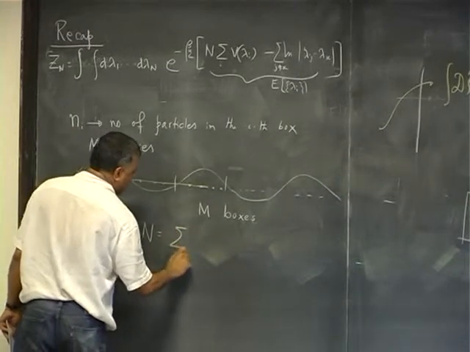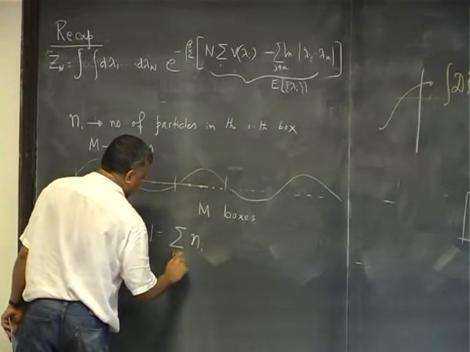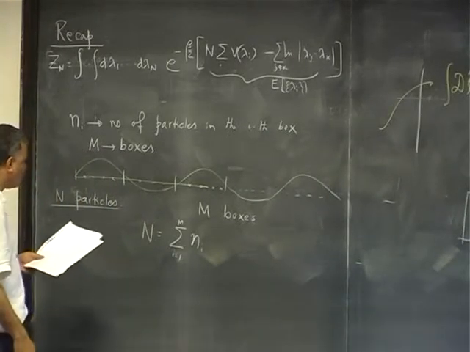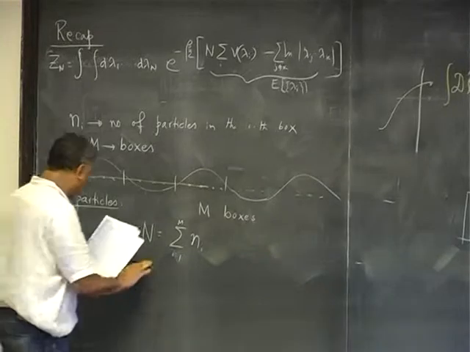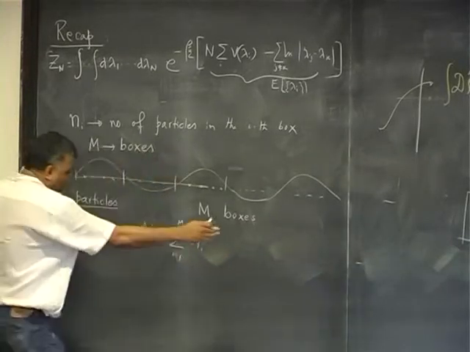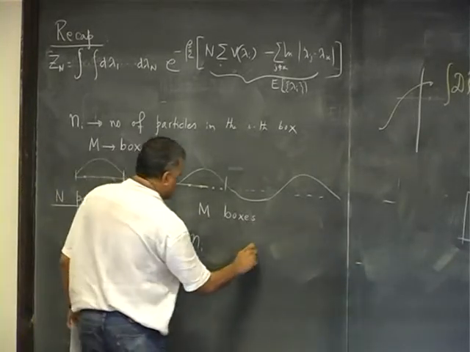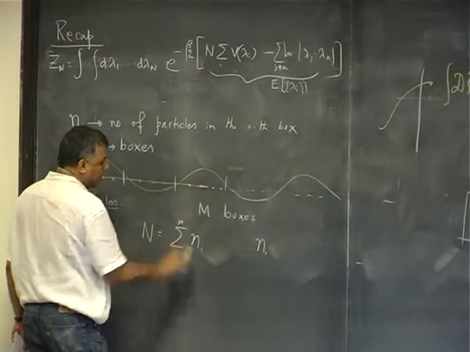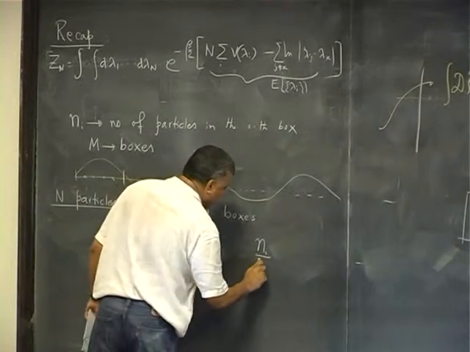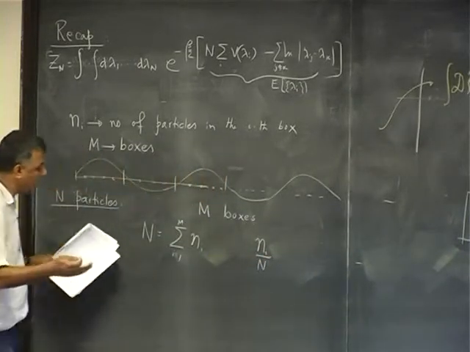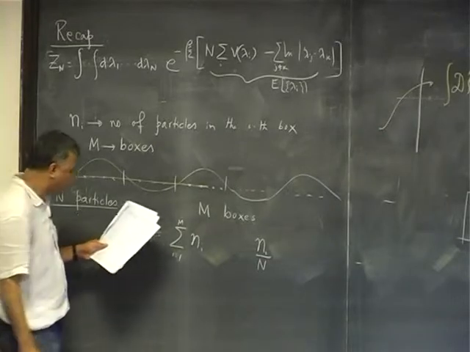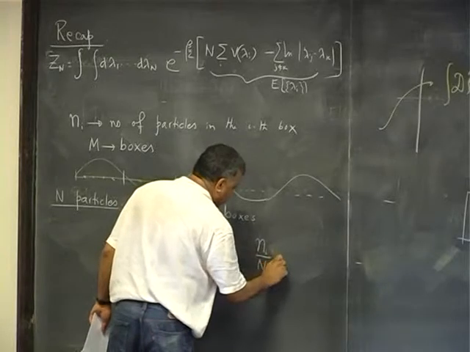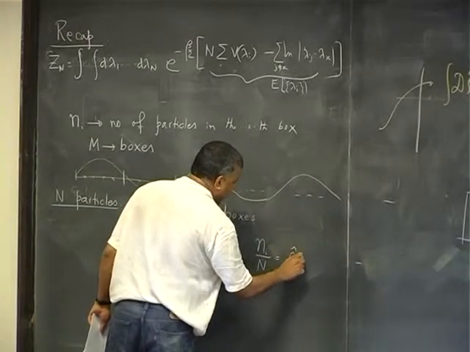Therefore, the total number of particles is just this sum. Before asking how many ways I can do that, this is the coarse-grained picture, okay? The Ni is the number of particles in the ith box, divided by n. So this is the fraction of particles in the ith box. What you want to do is fix this to your given rho n lambda.